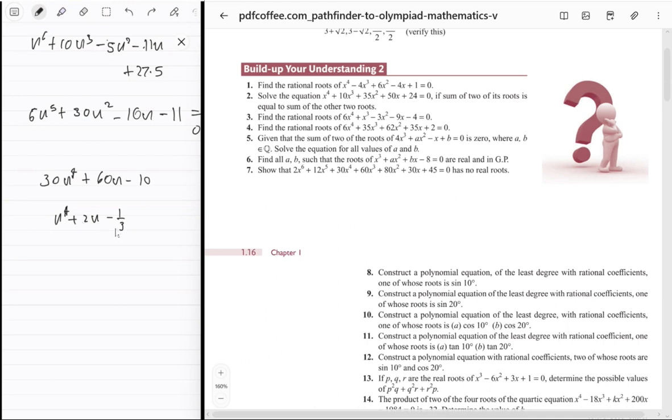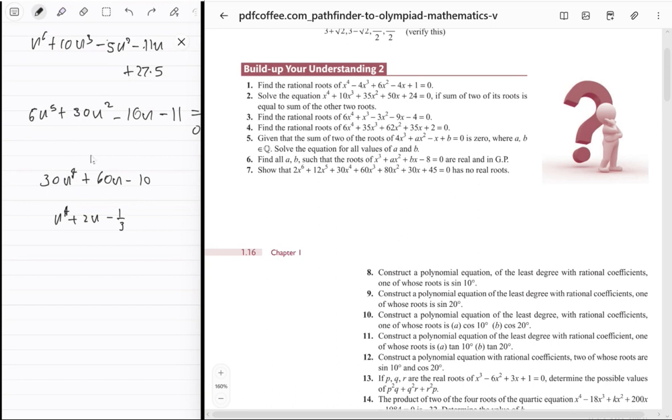There's no way we are going to ever do this. Okay, at 1 it's positive, at 0 it's negative, so a fraction could be a root. And what could be a rational root for this? 11 upon something won't work. So 1/2, 1/3, 1/6, those things, right?